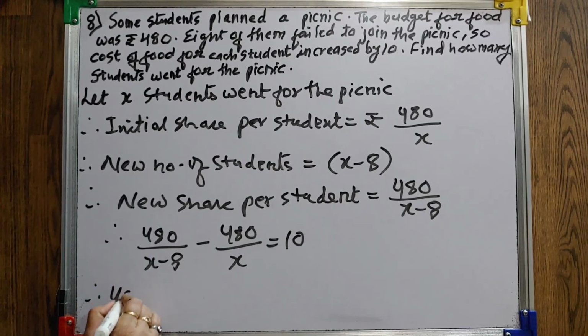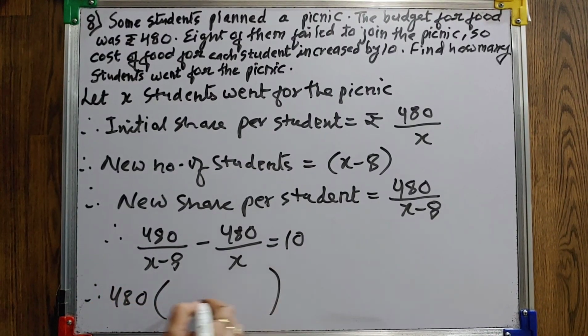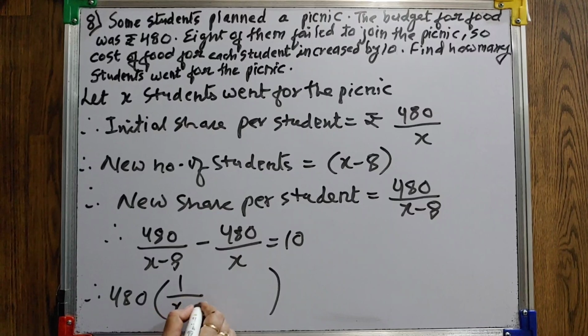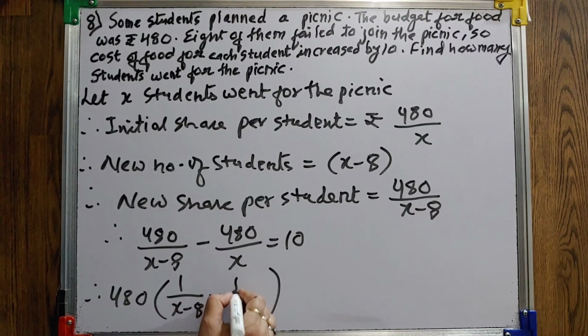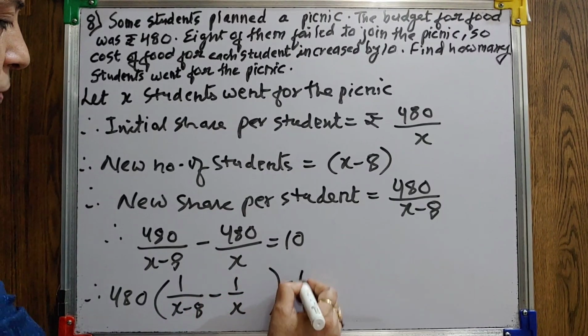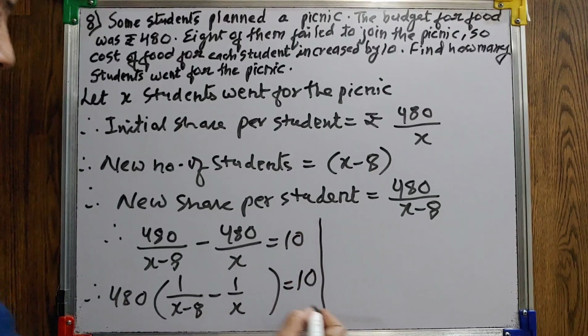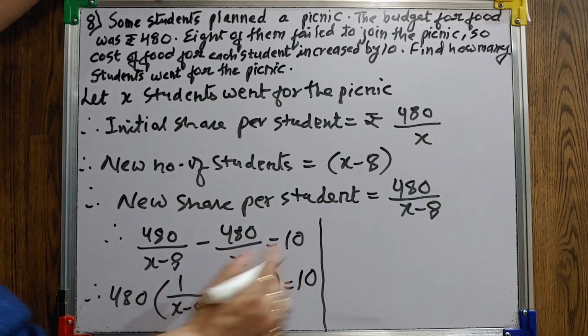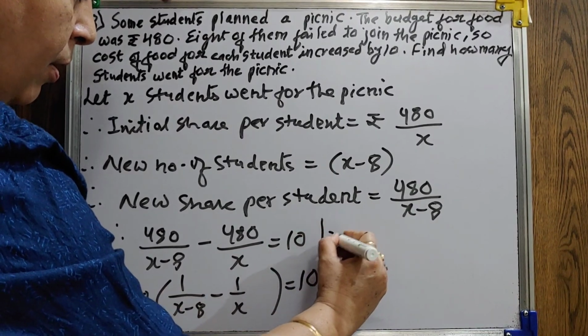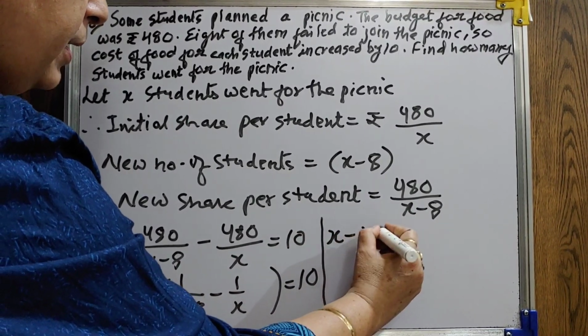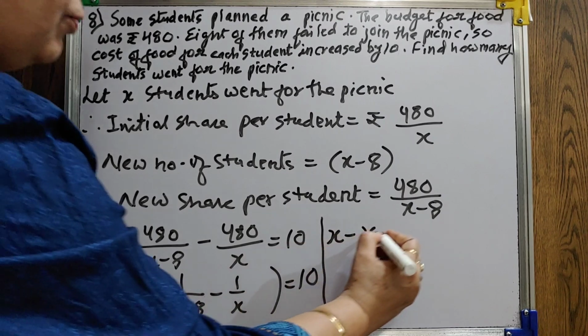Take 480 common. Inside it will be 1 by x minus 8 minus 1 by x. That will be 10. Now transfer 480 to that side and cross multiply here. When I cross multiply, this minus minus will become plus.